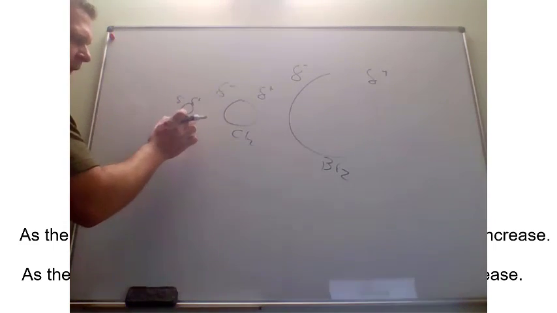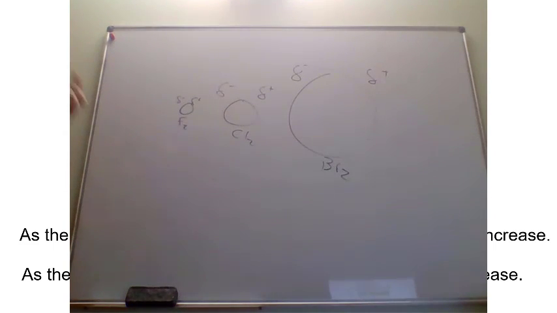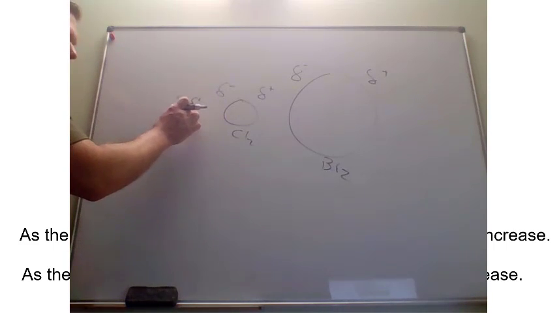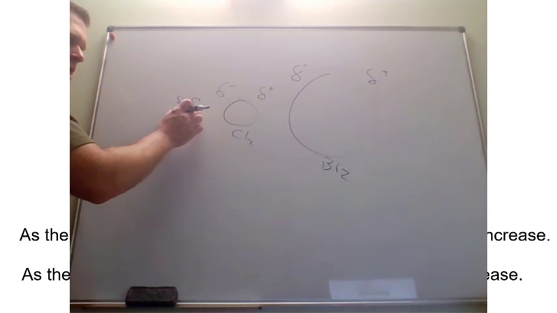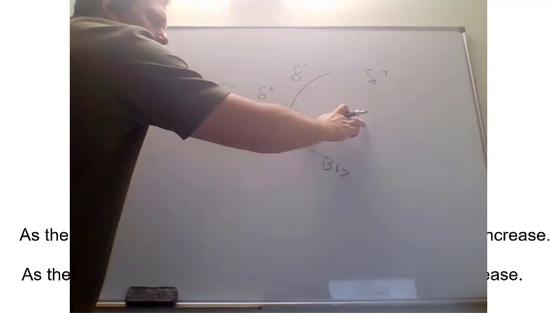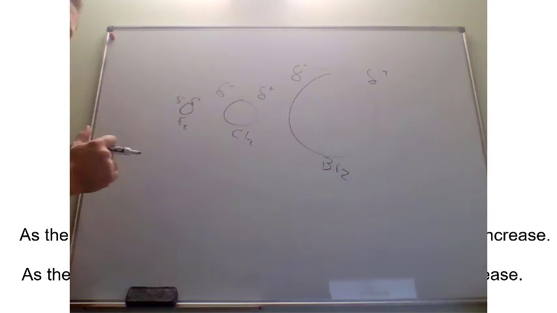So the magnitude of the overall London dispersion force on smaller molecules is going to be small, and it's going to become larger and larger when we're talking about larger molecules.